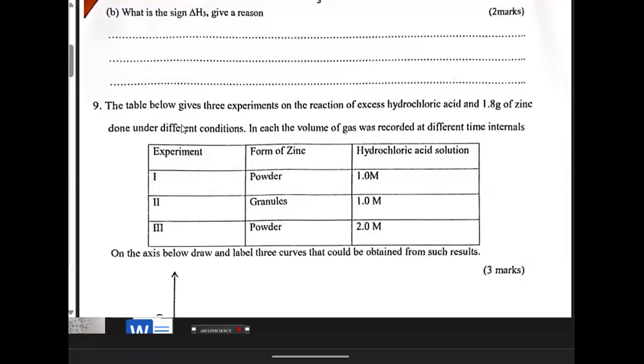So the rate is higher in 1 than in 2. In steepness, the one that will be very steep will be 3, then 1 will be steeper, but not like 3. Then the one that will be less steep will be Roman number 2.